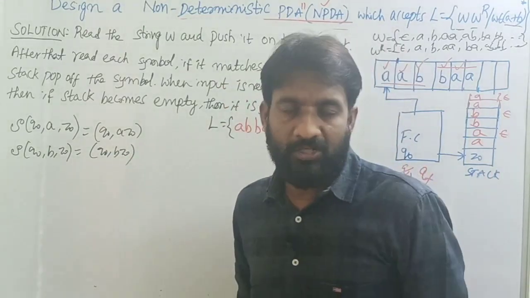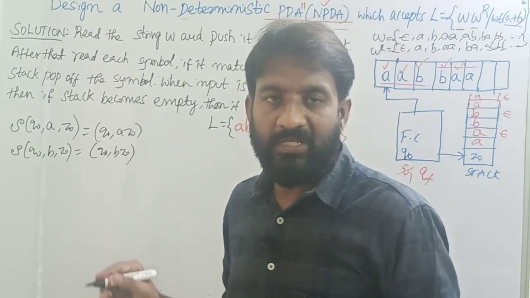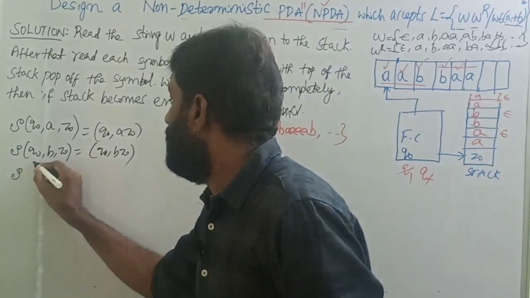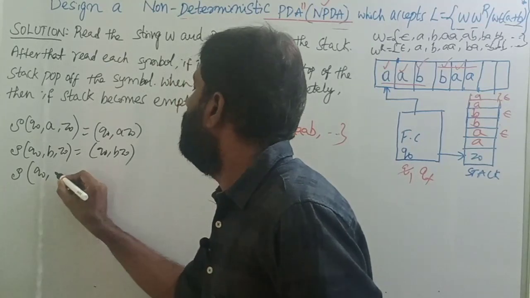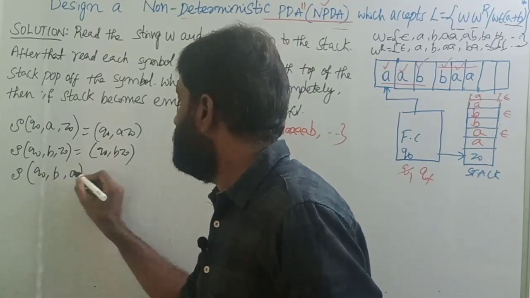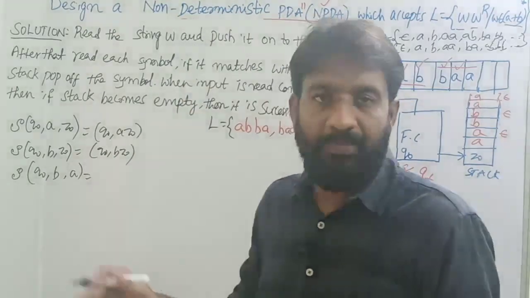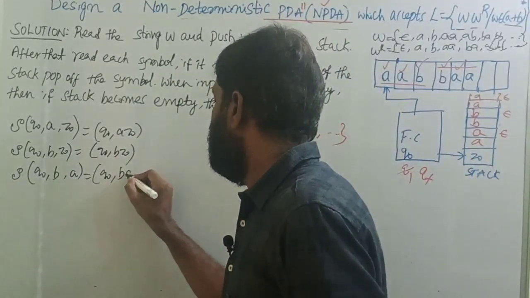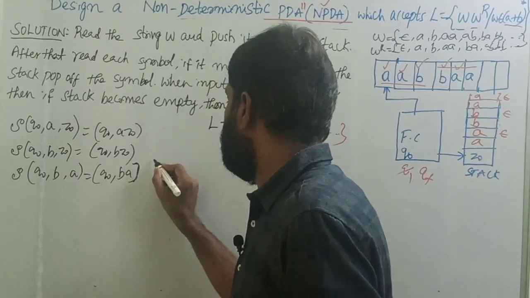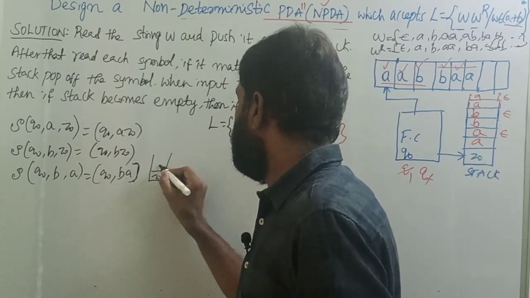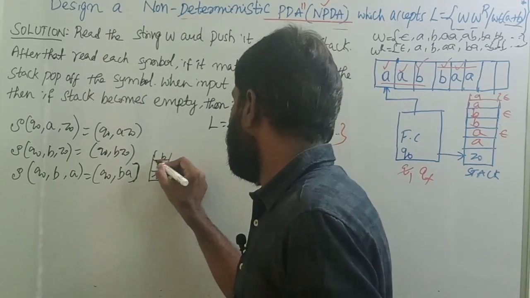Then let's assume that the first input symbol is A and the next input symbol is B. So transition of Q0, first input symbol is A and next input symbol is B, same thing, add B onto the stack. It is Q0, BA. So how the stack looks is, it is Z0, and the top of the stack is A, add B onto the stack.